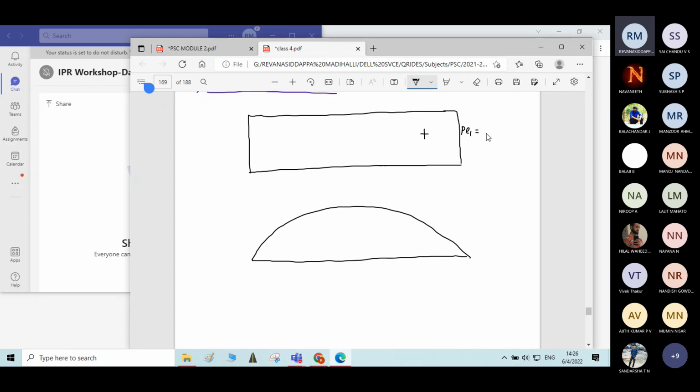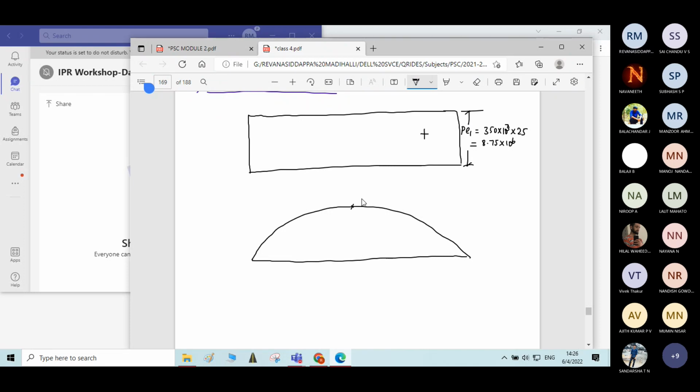The prestressing force is given, it is 350 kilonewton, nothing but 350 into 10 power 3 Newton. The eccentricity at the support is 25. We will get the answer as 8.75 into 10 power 6.